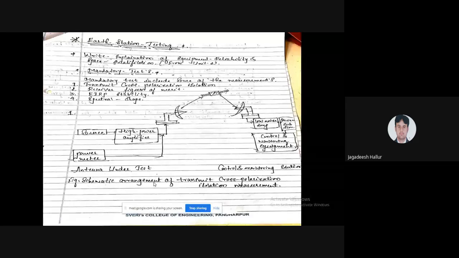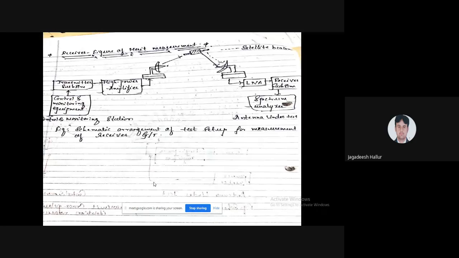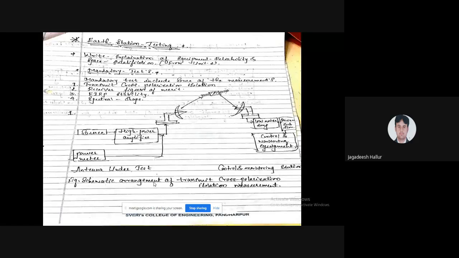That is the receiver figure of merit, that is EIRP, effective isotropic radiated power, and your spectral shape. Finally, all these functions will be controlled and the monitoring equipment will be based at the earth station. This is for the receiver side, and this one is for the transmitter side.